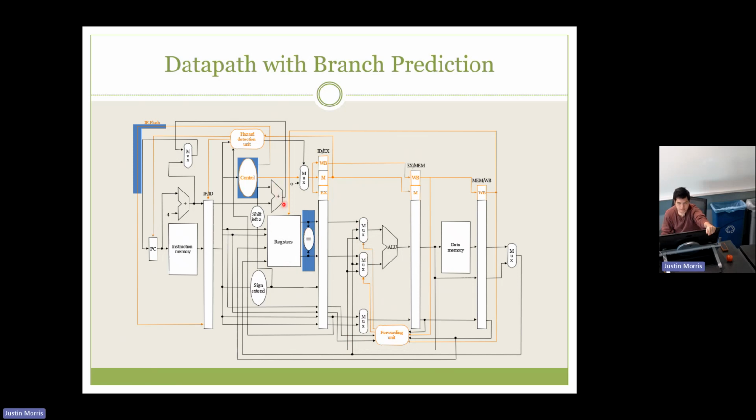And we've added this adder up here that takes the sign-extended, shifted-left immediate and PC plus 4. And that goes into this mux to update PC. So we're no longer waiting until the decision at the beginning of memory to update; we're updating PC at the end of decode.